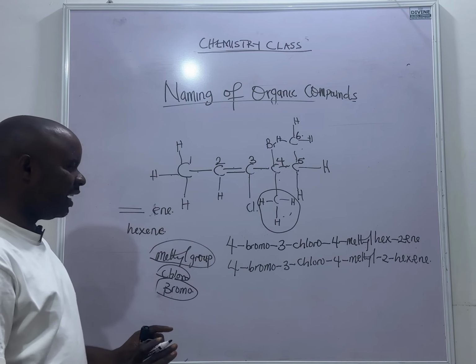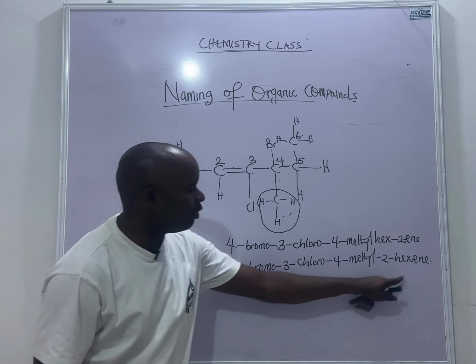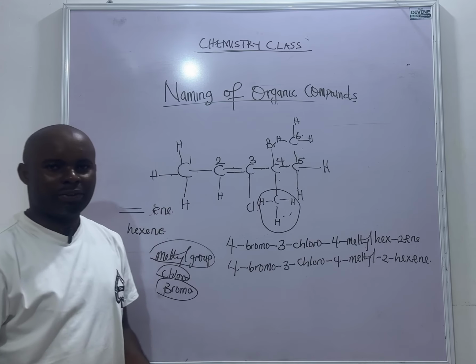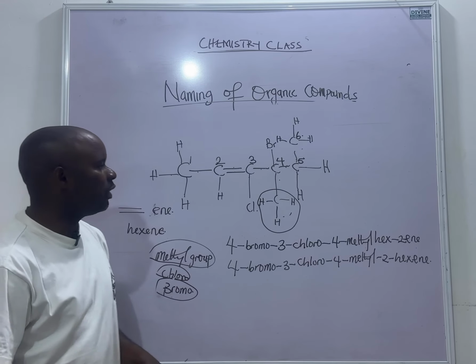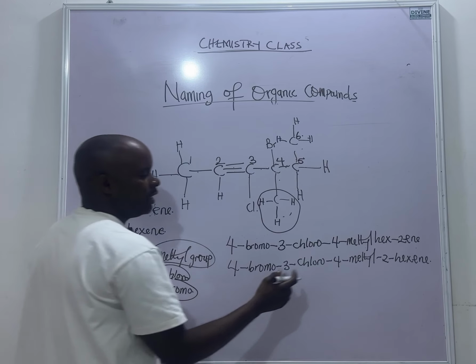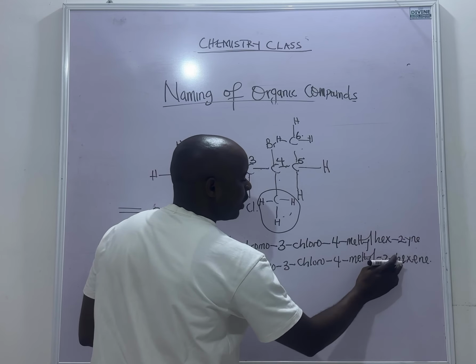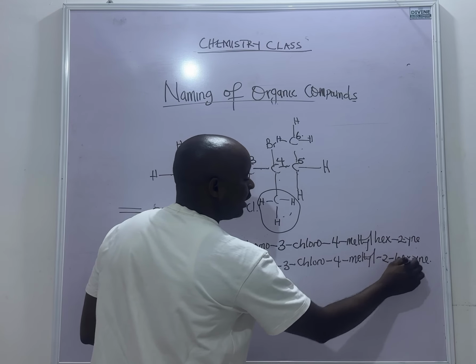So this is very, very simple. By so doing, we can use this IUPAC nomenclature to write the structural formula of this organic compound. If we have a triple bond here, what will change is the parent name will change to YNE.